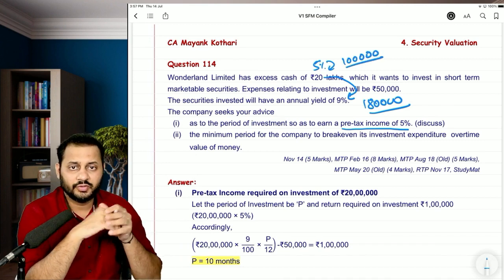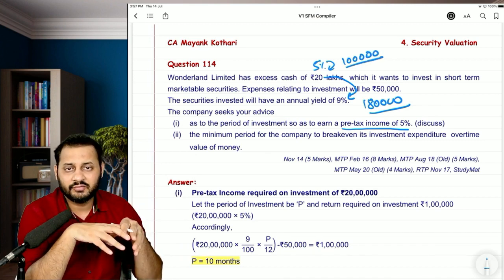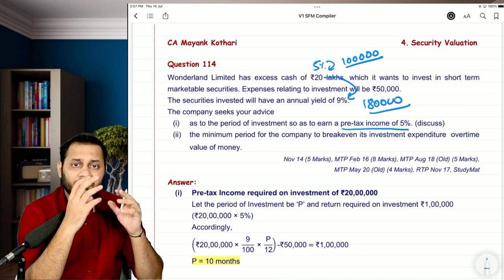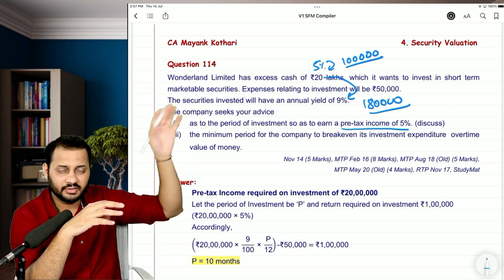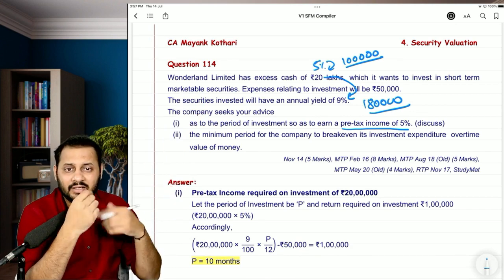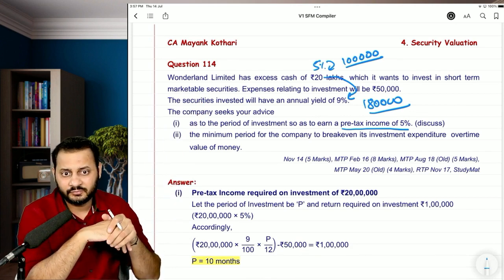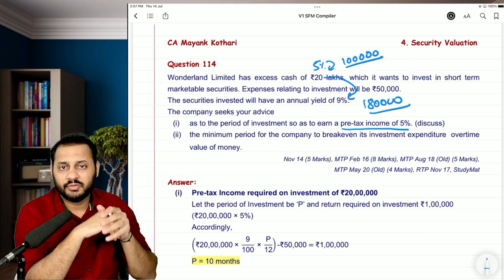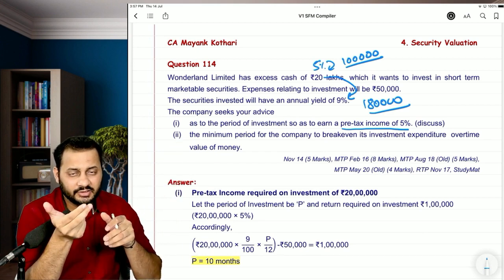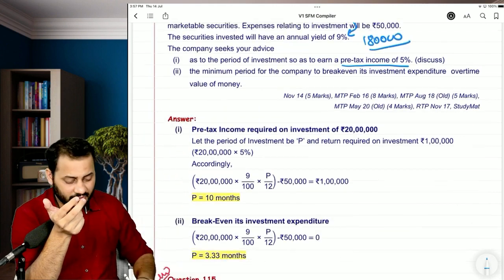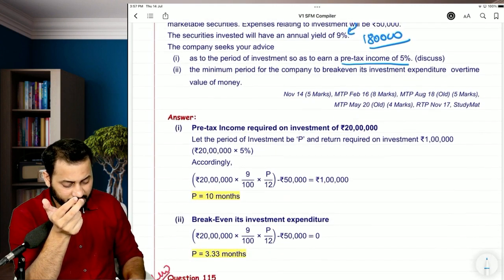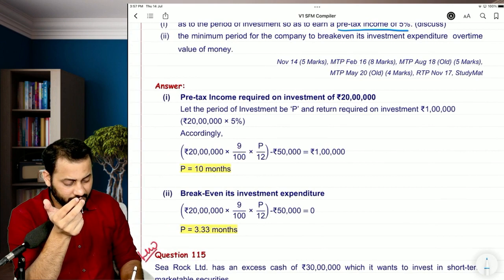Okay. So you will have to first earn something from that investment, and after deducting the expenses relating to the investment, the balance left should be 1 lakh rupees. The pre-tax income should be 5%. So the interest income minus expenses should be 5%, and that 5% is nothing but 1 lakh. So understand the logic here.